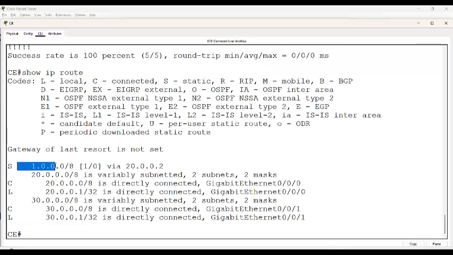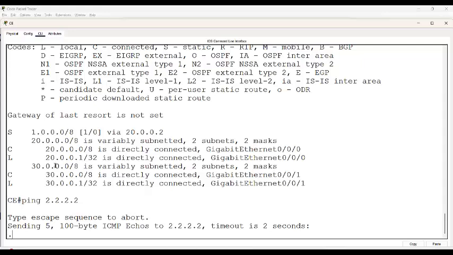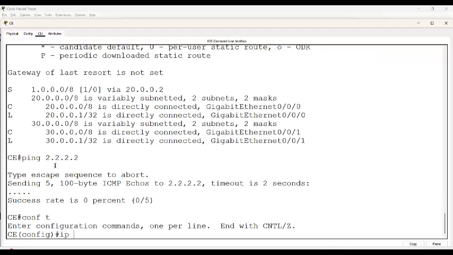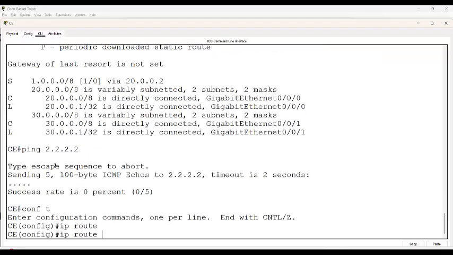When I ping 2.2.2.2, it is not pinging because still we have not written a route for this destination. So I'm going to write now a route to this destination 2.2.2.2. IP route to network. If this is the mask, send the packet to where?